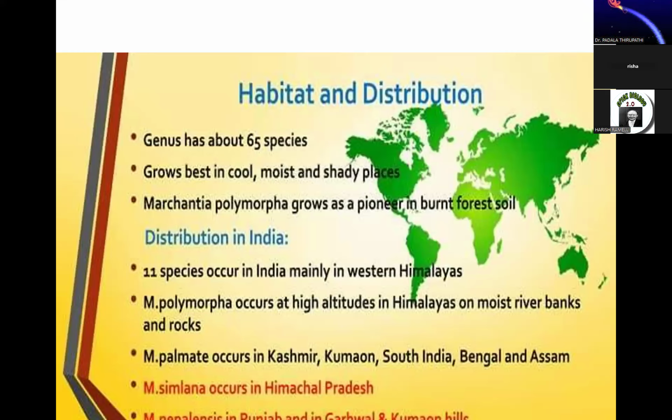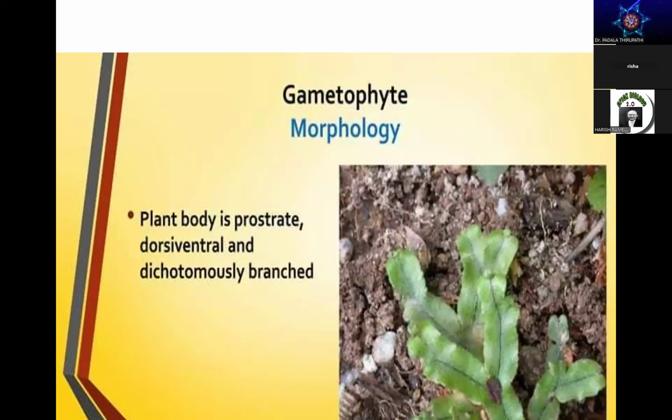Another species, Marchantia palmata, occurs in Kashmir, Kumaon, South India, Bengal, and Assam. All these are cool places. Then another species, Marchantia simlana, occurs in Himachal Pradesh. So this is about the distribution.